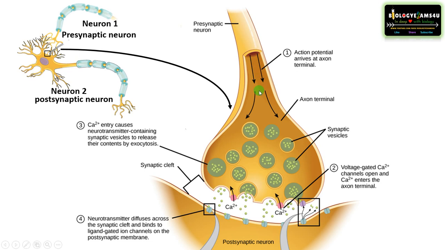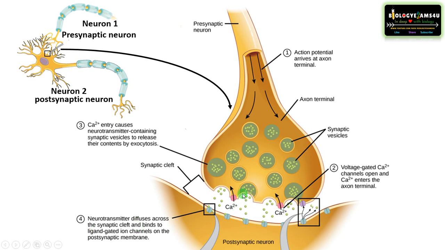It reaches the axon terminal, and this action potential causes the voltage-gated calcium ion channels to open. This causes the entry of calcium into the presynaptic neuron, which induces the release of neurotransmitters from the vesicles located at the axon terminal.